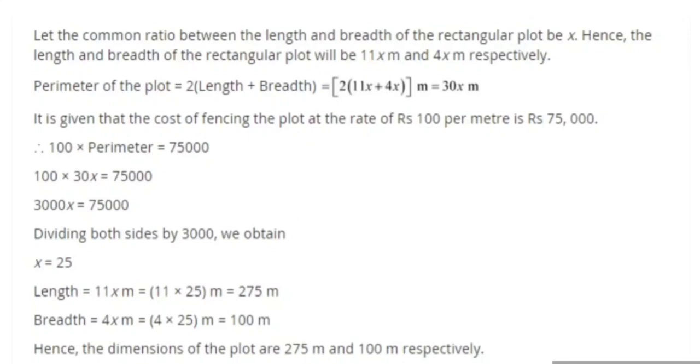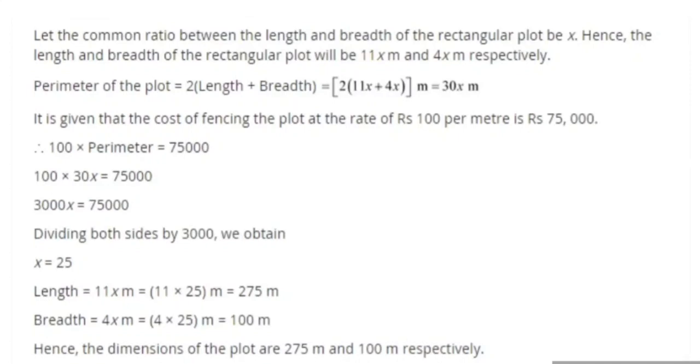So it will come to 75,000. So 100 into 30x is equal to 75,000. 100 into 30 is 3000x is equal to 75,000. Now dividing both sides by 3000, we obtain x is equal to 75,000 upon 3000.